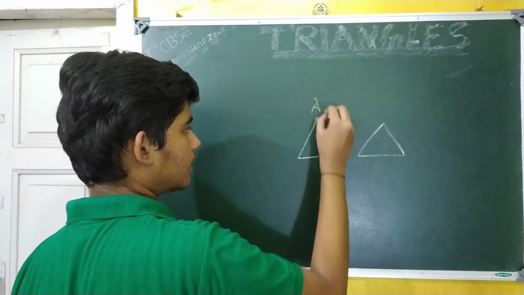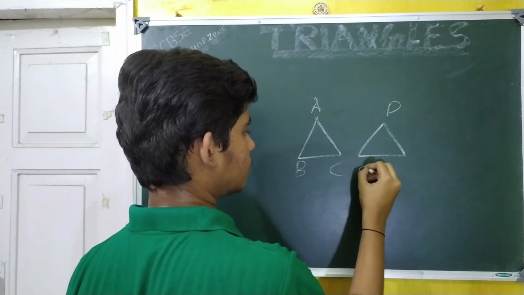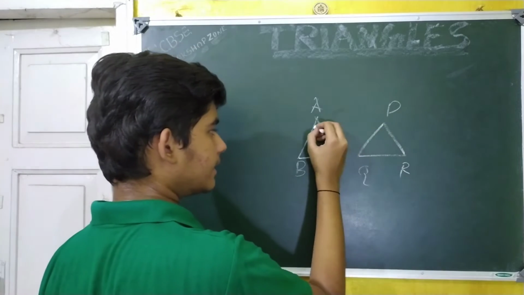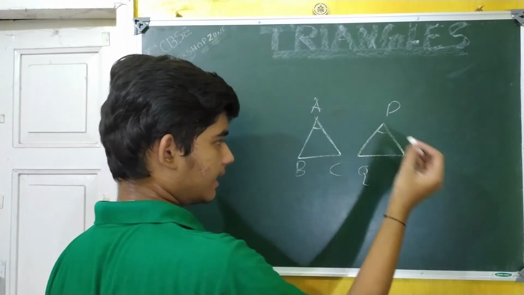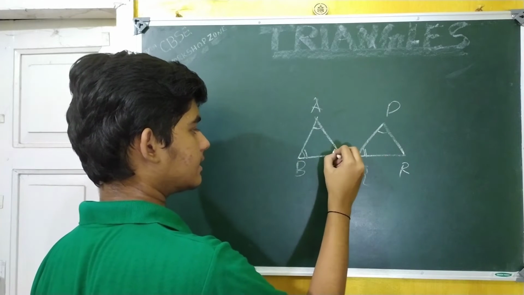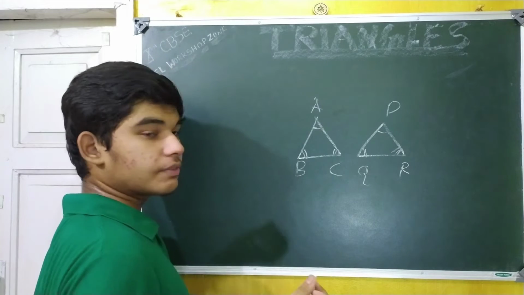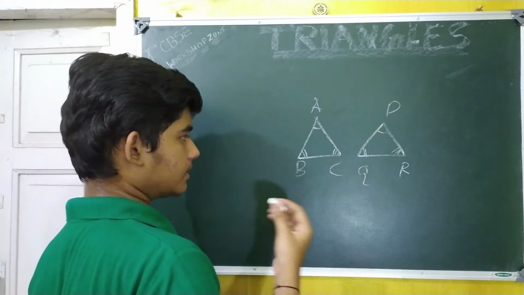For example, let's call them ABC and PQR. Now imagine angle A is equal to angle P, angle B is equal to angle Q, and angle C is equal to angle R. So this follows one of the criteria for similarity.